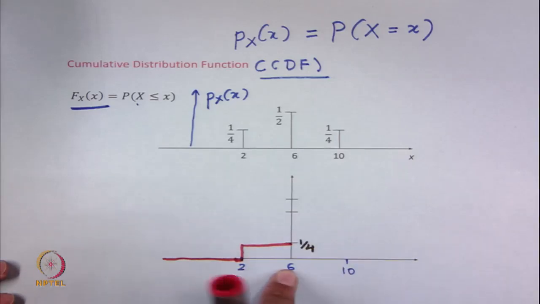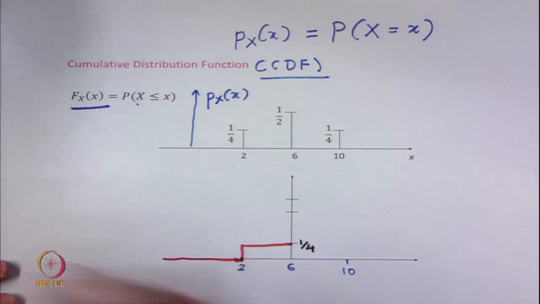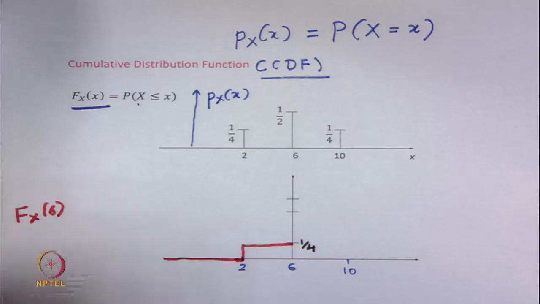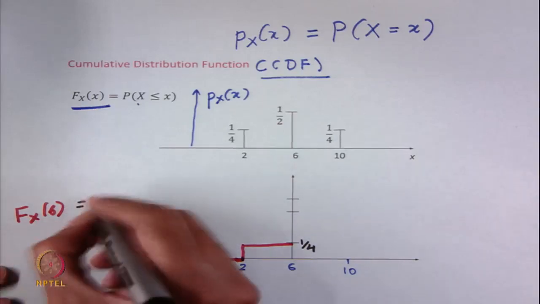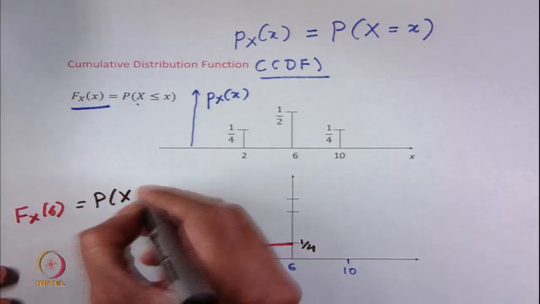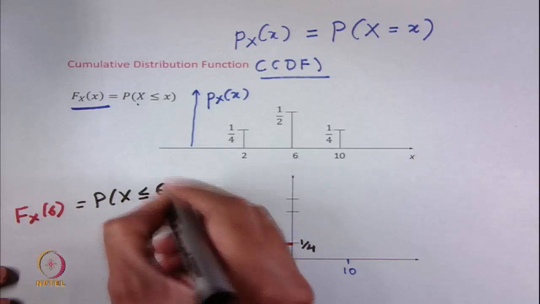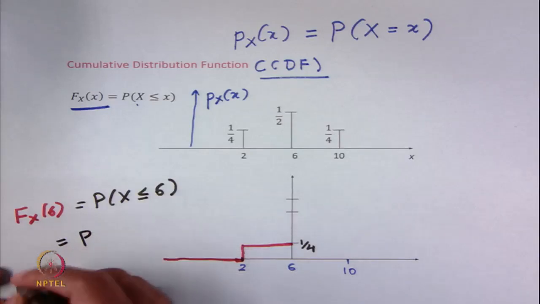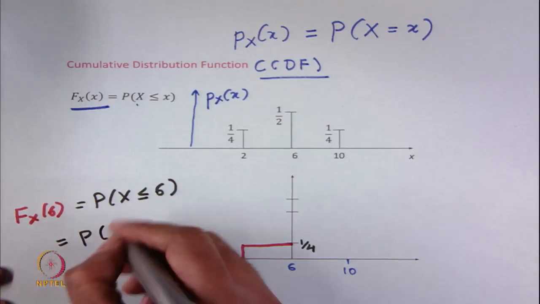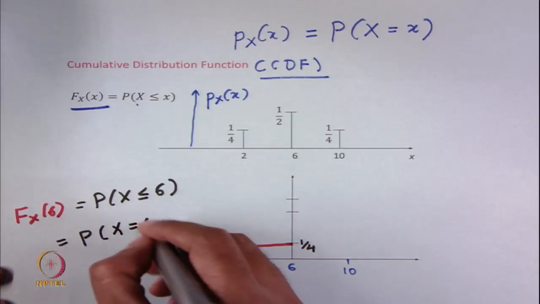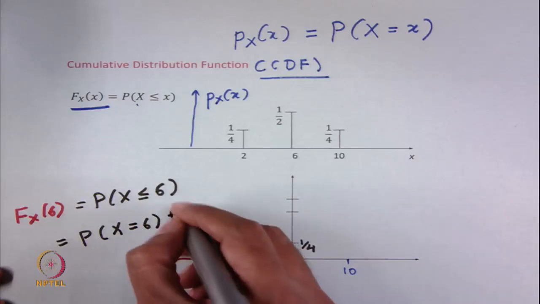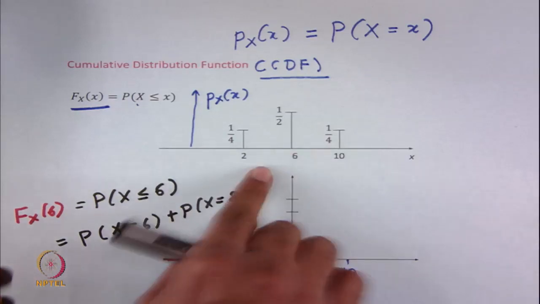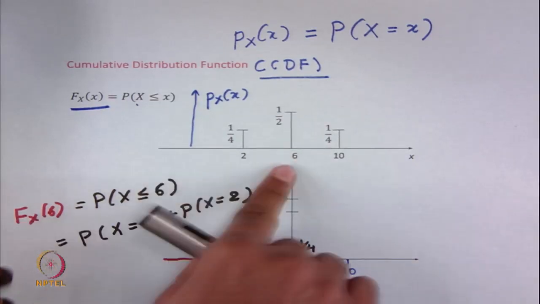and at 6 what we are saying is f x of 6 is what is the probability that this random variable takes a value less than or equals to 6. And so, here we say that what is the probability that this random variable takes a value 6 or it takes a value 2, because it cannot take any other numerical values.